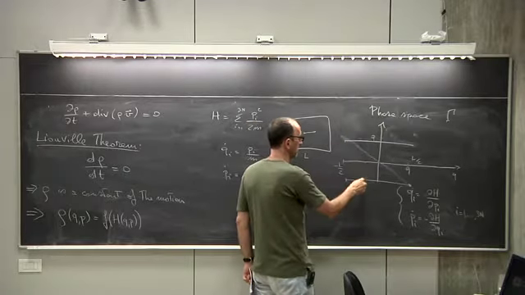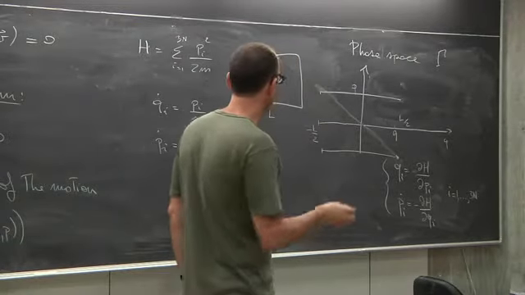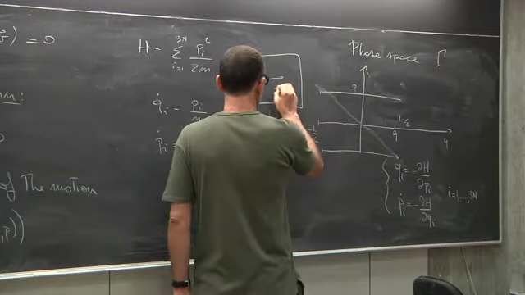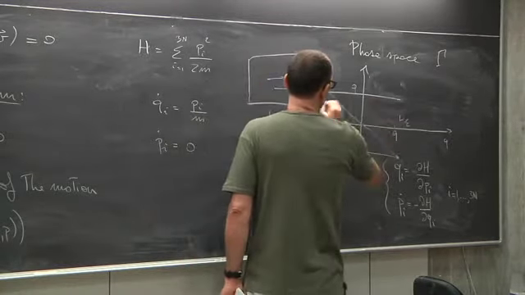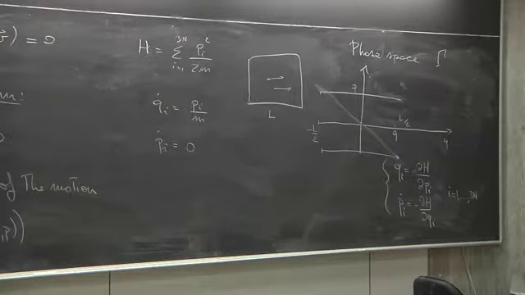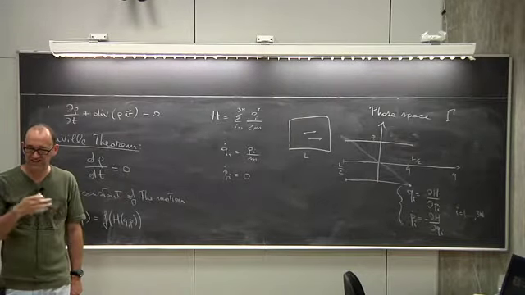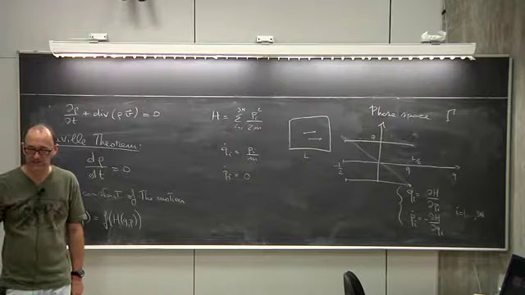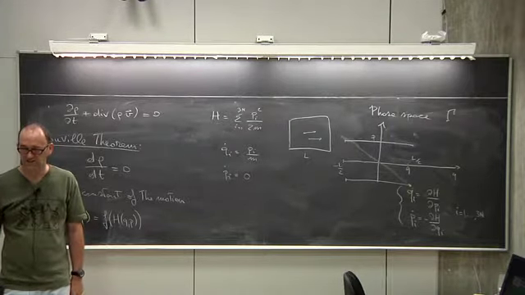The system will just jump from here to here. And if you take another particle, then it will go on another point. But this system will not sample the space of all possible momenta and coordinates which are accessible.